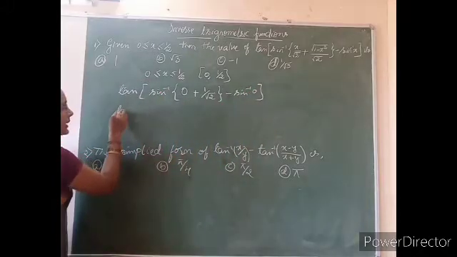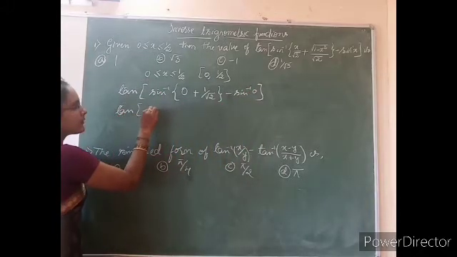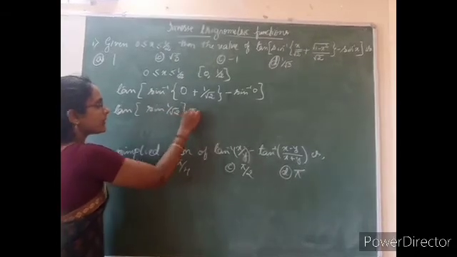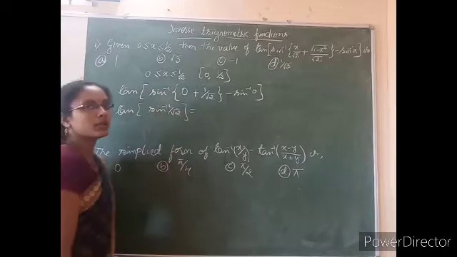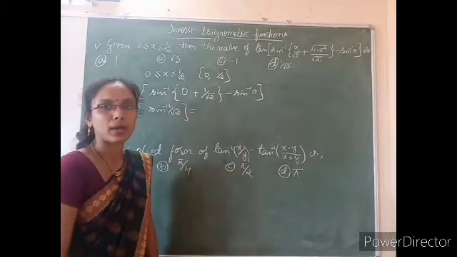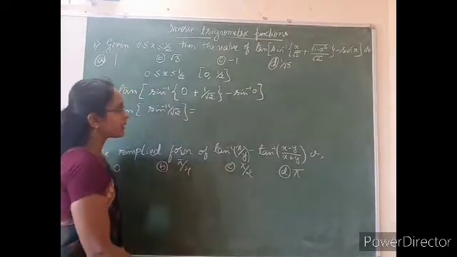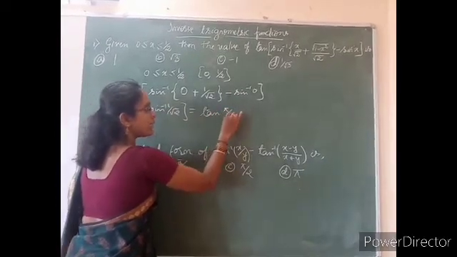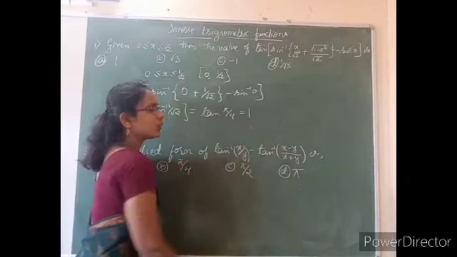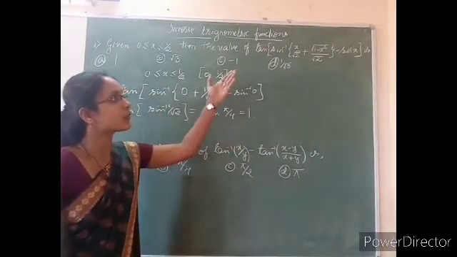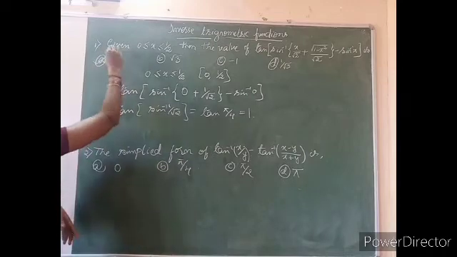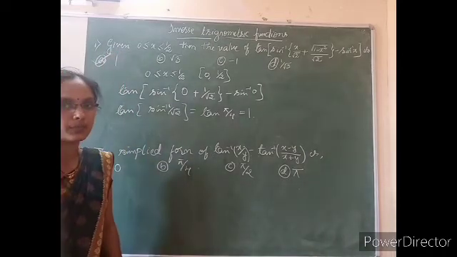So this is tan of sine inverse of 1 by root 2. You know the value of sine inverse of 1 by root 2 is pi by 4, because sine pi by 4 is 1 by root 2. So this is tan pi by 4, which is equal to 1. Therefore, the value of the expression is 1. That is option A.